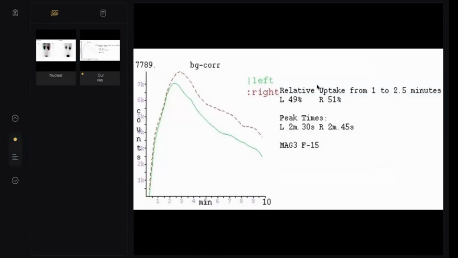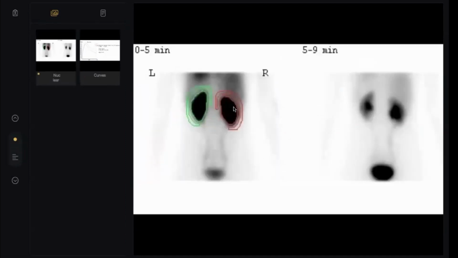Do you think this is normal or abnormal? The difference is only 2%. I think it can be normal. Normal, excellent. Let's go again here. Do you think that in the uptake in the first 5 minutes there is a big difference? No, it appears the same. Okay. After 9 minutes, what do you think? Is there any uptake difference?